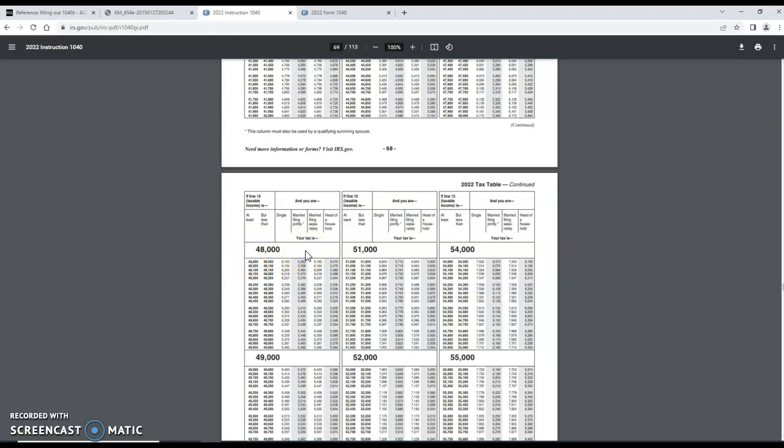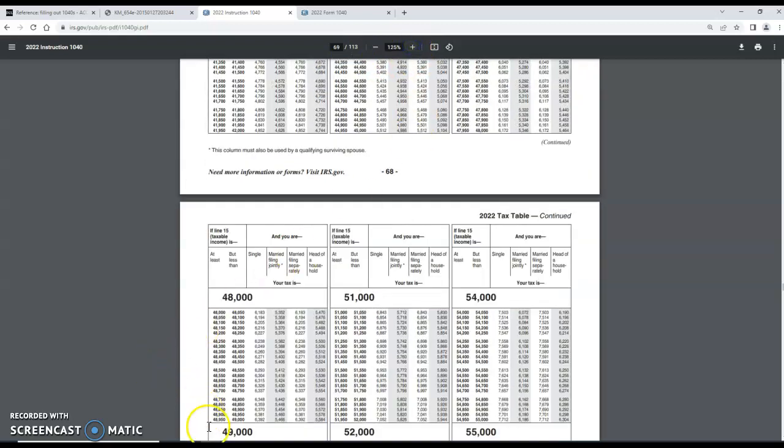We need 48,879. So we look down here, and we see that 48,879 would fit between at least 48,850, but less than 48,900.